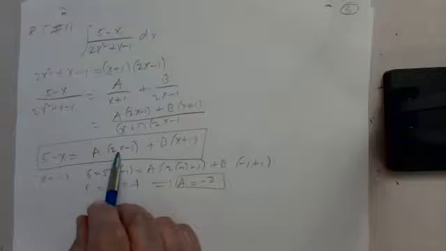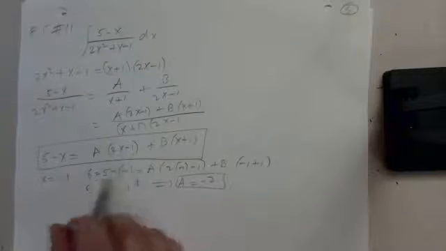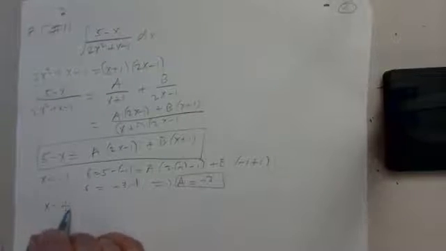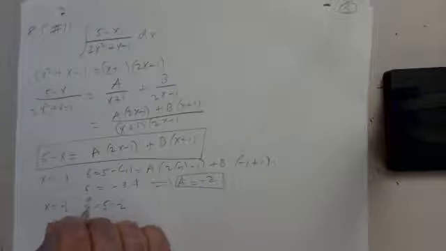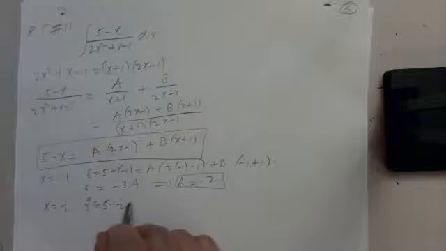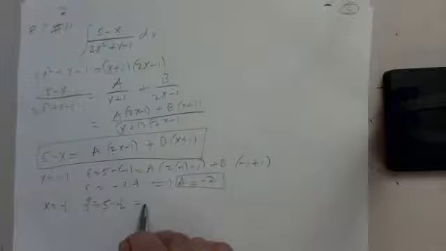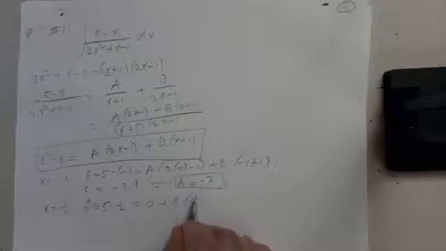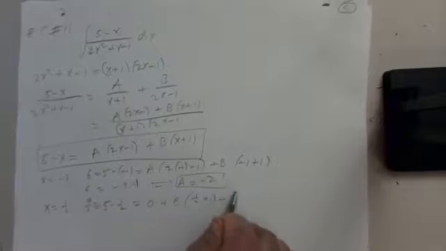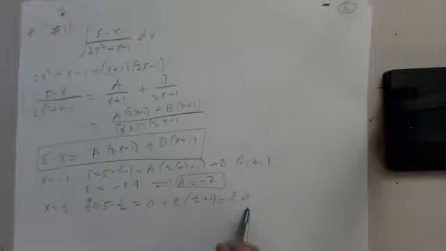I look at this, if I let x equal a half, this becomes 0. So if I let x equal a half, 5 minus a half, which is 4.5 or 9 halves, is equal to 0 plus b times a half plus 1, which is 3 halves b.